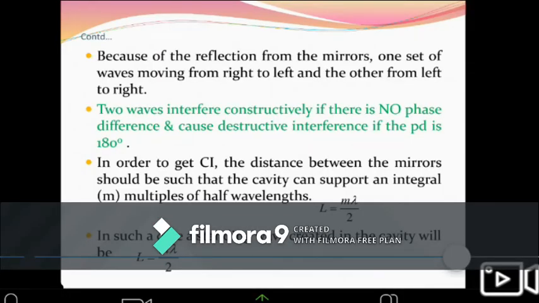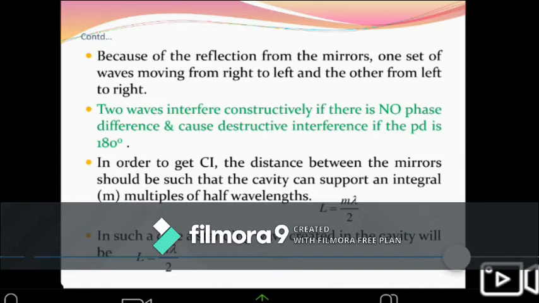See here, I'll read out. Because of the reflection from the mirrors, one set of waves is moving from right to left and another from left to right. Two waves interfere constructively, because two waves are moving. You understand the interference of light.